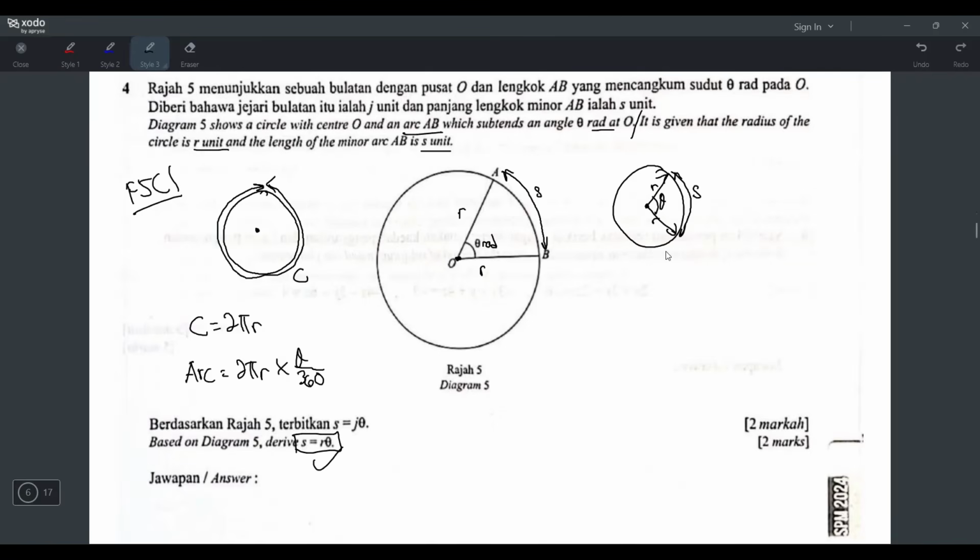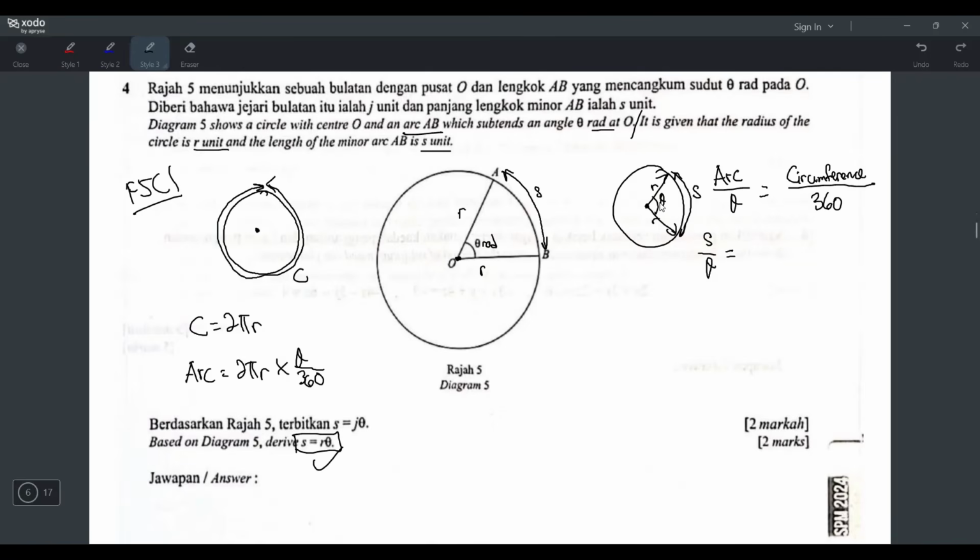It means when you take S over theta, it will equal to the circumference over 360, because the arc is always directly proportional to theta.